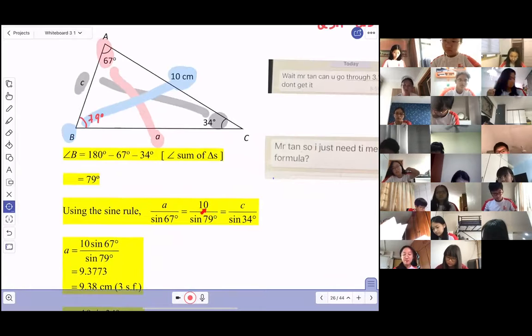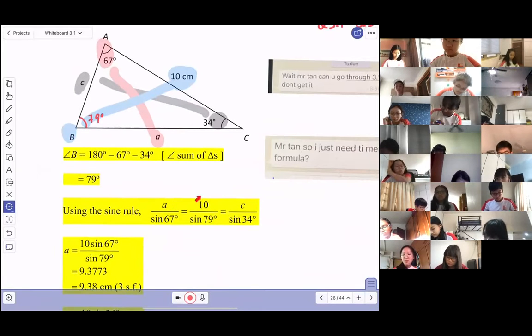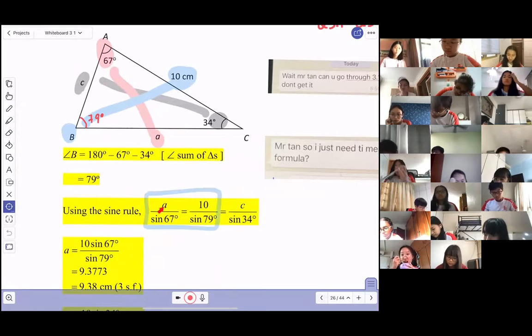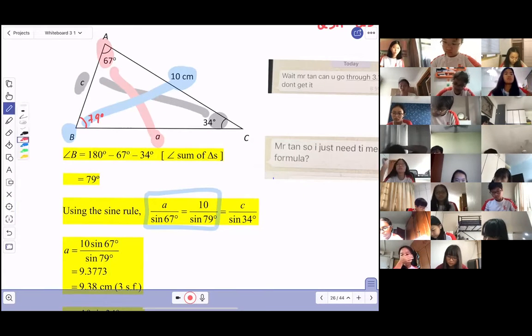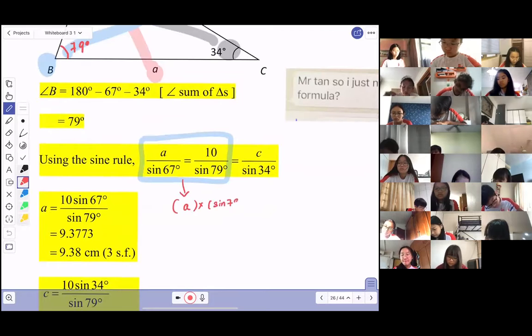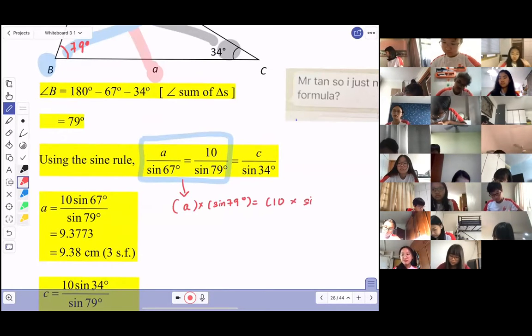Out of the 4, you can find A because A is the only unknown. Cross multiply: A multiplied by sine 79 degrees equals 10 multiplied by sine 67 degrees.